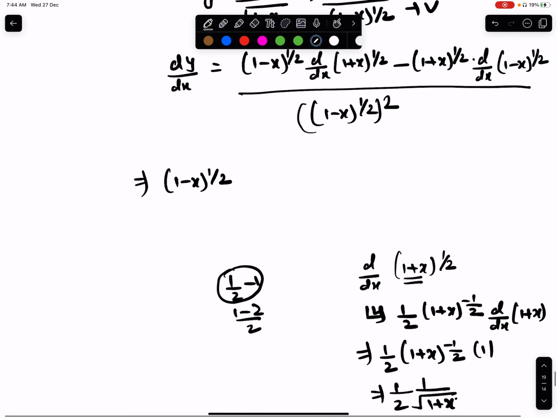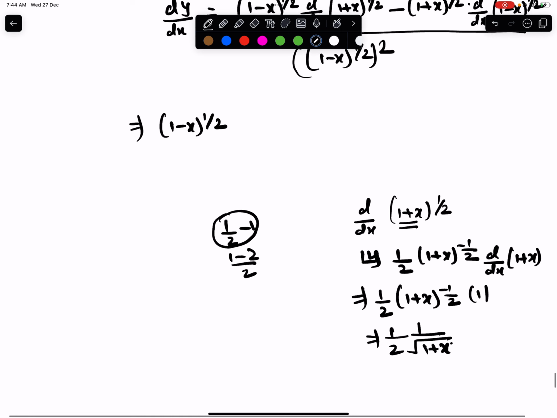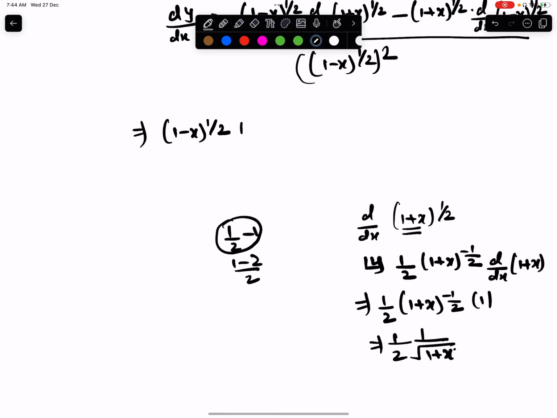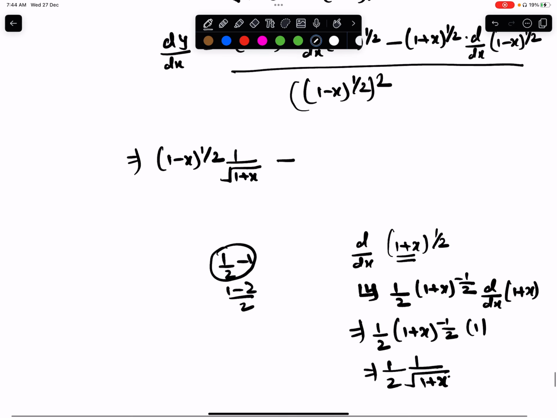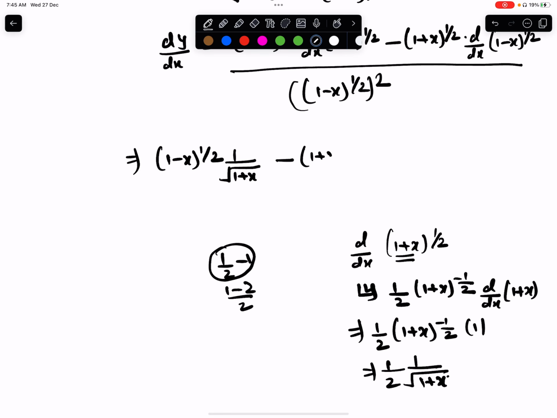So similarly we will differentiate this. This will be 1 by root (1 + x) minus, this is 1 by (1 + x) raised to the power 1 by 2, d by dx of (1 − x) raised to the power 1 by 2.